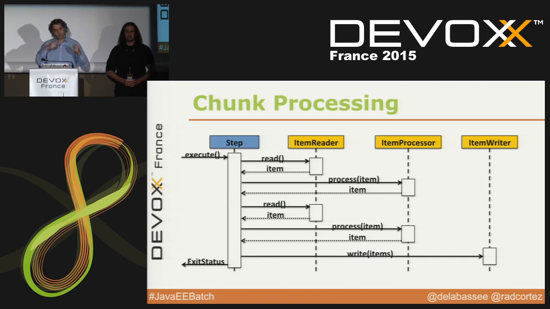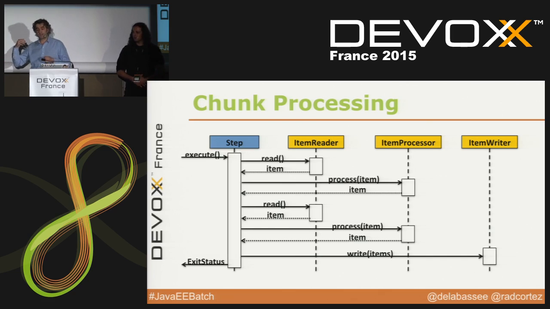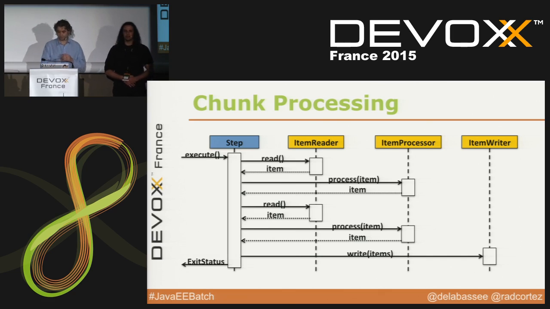So we have 2 iterations, then we have a checkpoint. That means that we can write the result. At that point in time, you will write the result, but you will also handle the transaction, those kinds of things. This is particularly useful if your job fails, because JSR 352 allows you to restart a job from the last known successful checkpoint.